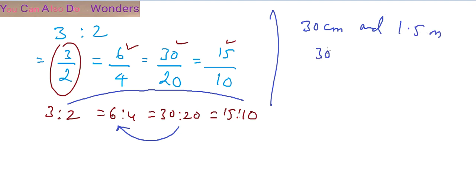So we cannot write the ratio as 30:1.5, it's wrong, because the units are different. So first we need to convert them to the same units. Either we convert 30 centimeter to meters or 1.5 meters to centimeters.